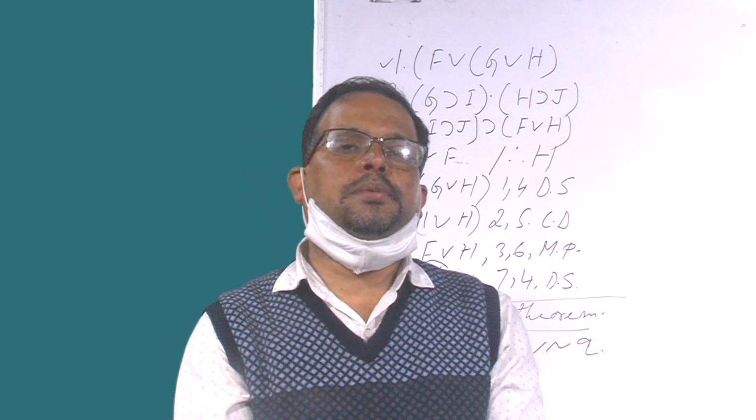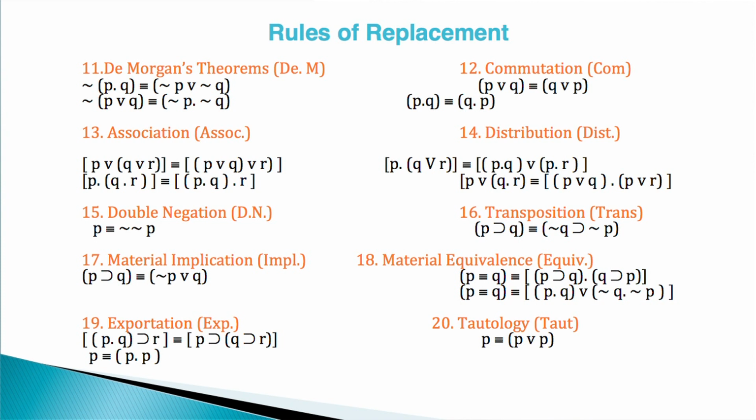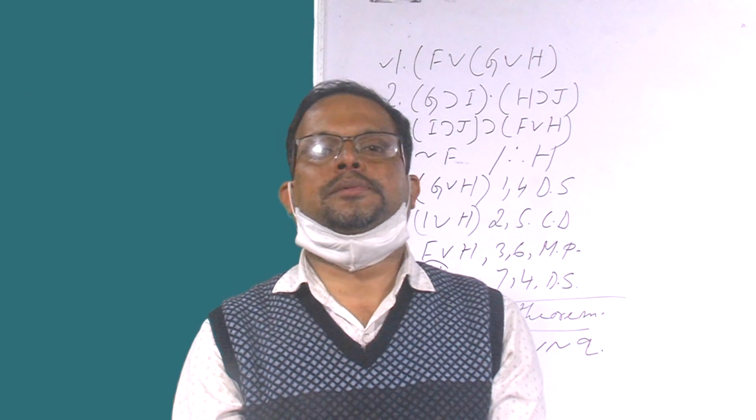In rules of replacement, we find the rules like De Morgan's theorem, commutation, association, distribution, double negation, transposition, material implication, material equivalence, exportation, tautology. So these are the rules of replacement.